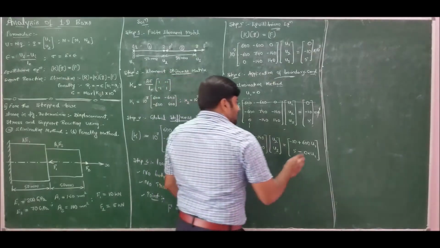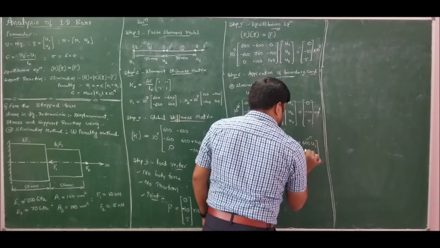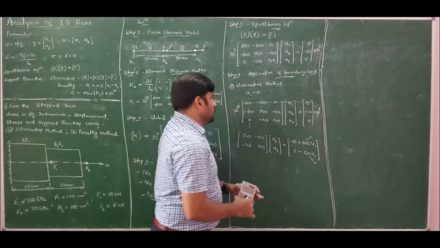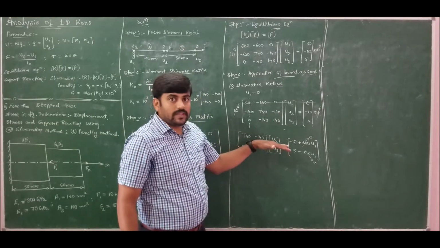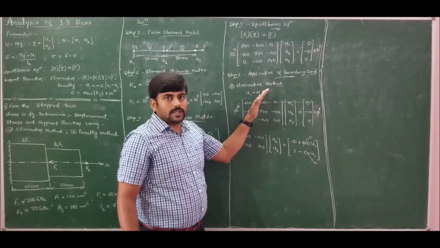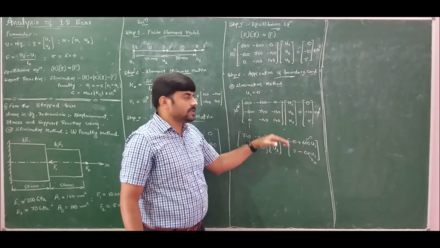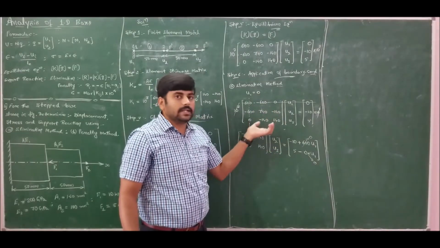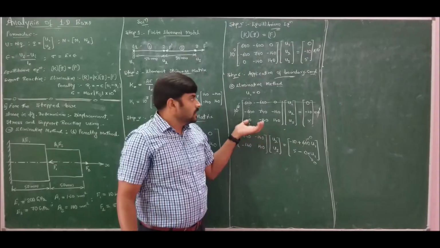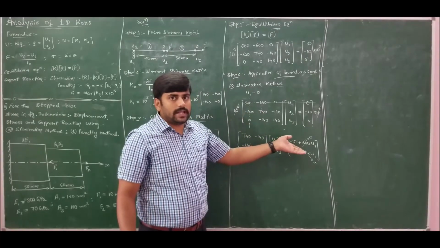Since u1 is equal to 0, these terms will get eliminated and I will get the remaining terms. If in case u1 is not equal to 0 and has some other value, then you will end up with a wrong answer if you solve for only the remaining terms. Kindly don't do that. If it is 0, it's well and good, it automatically gets eliminated.